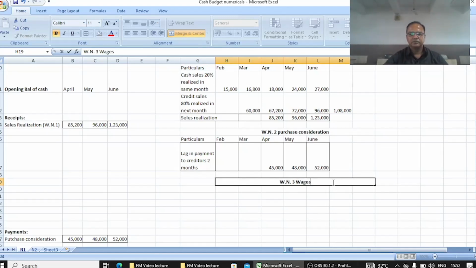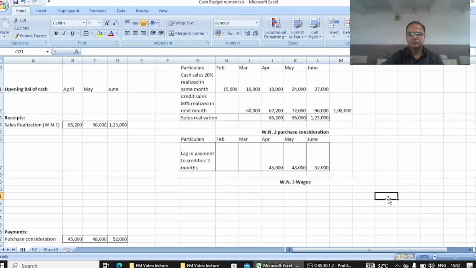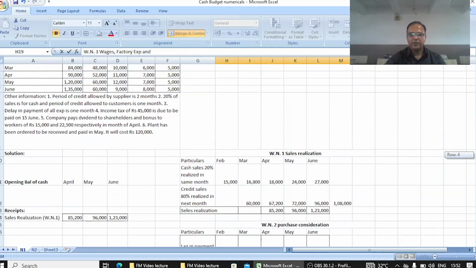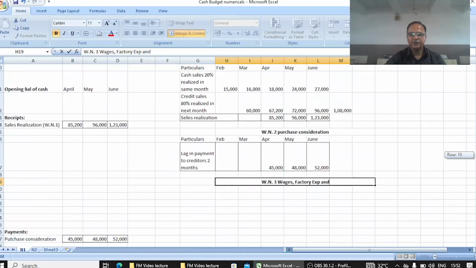Wages, factory expense and office expense.